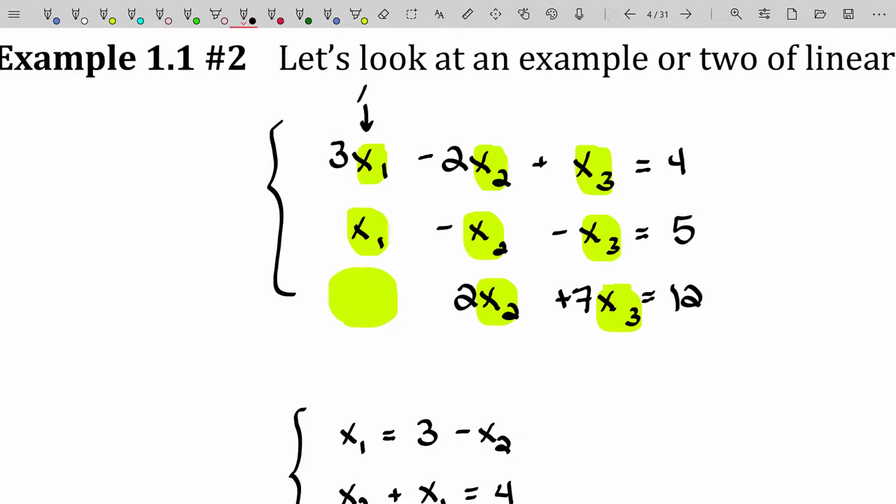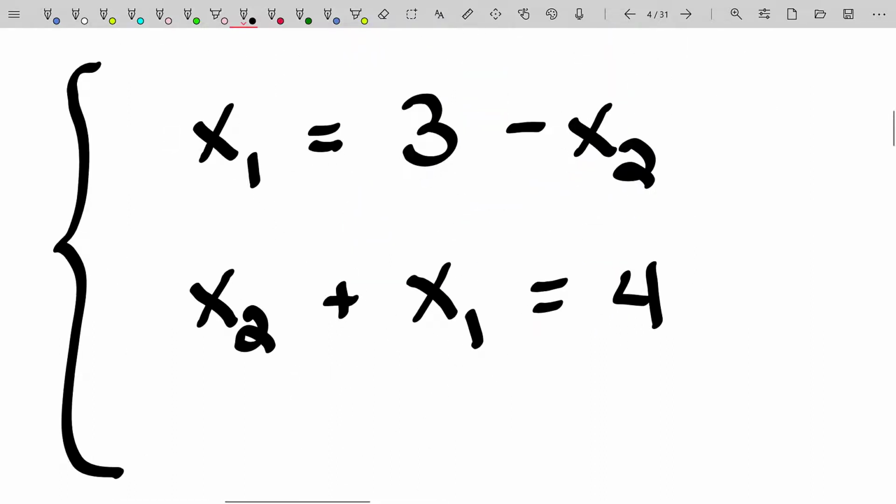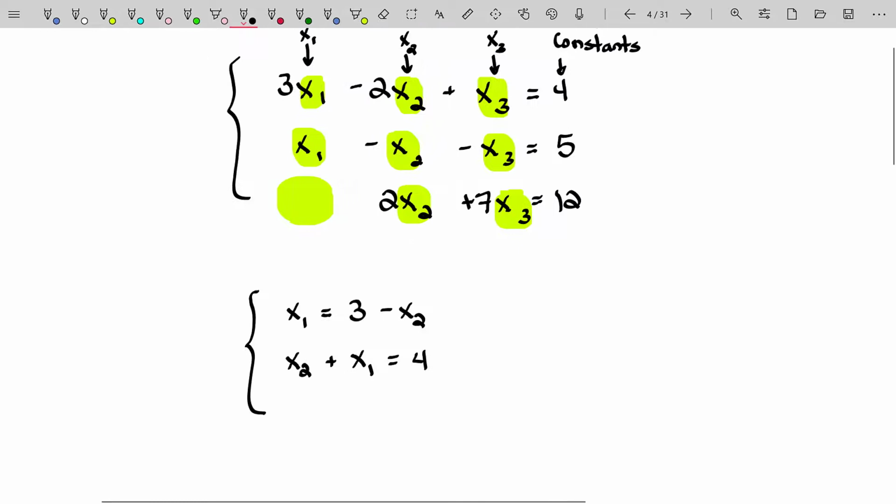I had an x sub 1 column, an x sub 2 column, and an x sub 3 column, and then a column for the right-hand side constants. That is not a requirement to be called a system of equations. You could write it like this, where you don't have the columns aligned. That's perfectly fine. However, in the long run, you really want to align things with columns.